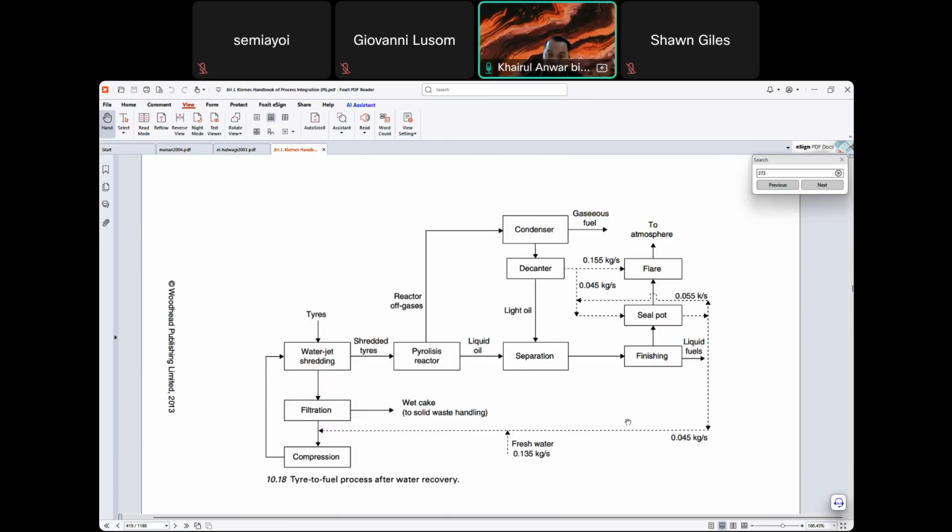Then the water requirement will be reduced because you are reusing the water back to itself. If you refer to this, it is going back to the seal pot, some of it goes to the filtration, but there's some added water here. Instead of using 0.28 kg per second water, we now reduce it by half, 0.135 kg per second.